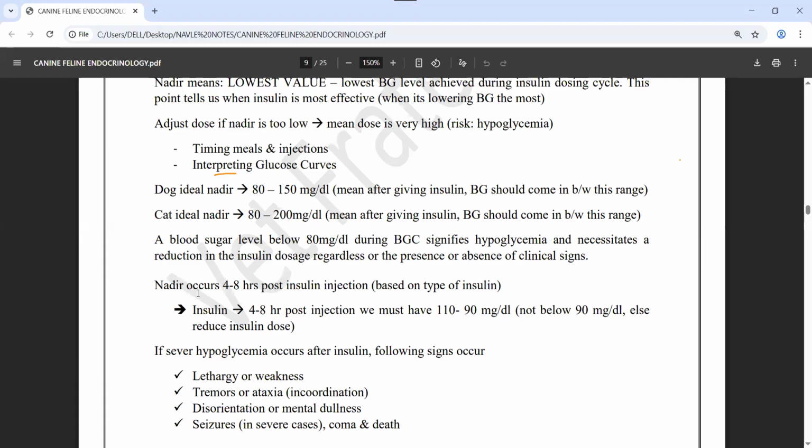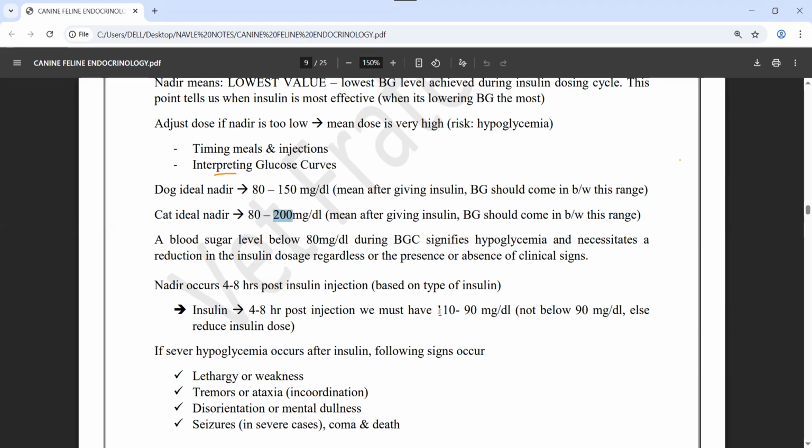Also, talking about nadir, it occurs 4 to 8 hours post insulin injection, based on the type of insulin. That means 4 to 8 hours after injection, we must have 110 to 90 mg per deciliter, but not below 90, because below 90 is 80, and below 80 means you have sent the animal into hypoglycemia. The upper range for dog is 150 and for cat it's 200.